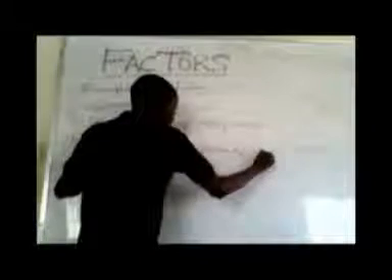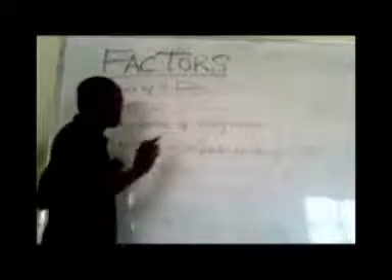That is conclusion 1. The second conclusion is that every number is a factor of itself. Every number is what? Every number is a factor of itself.